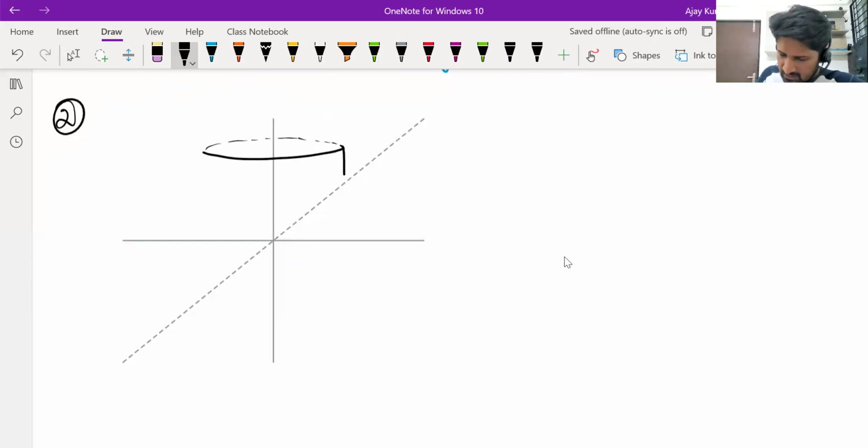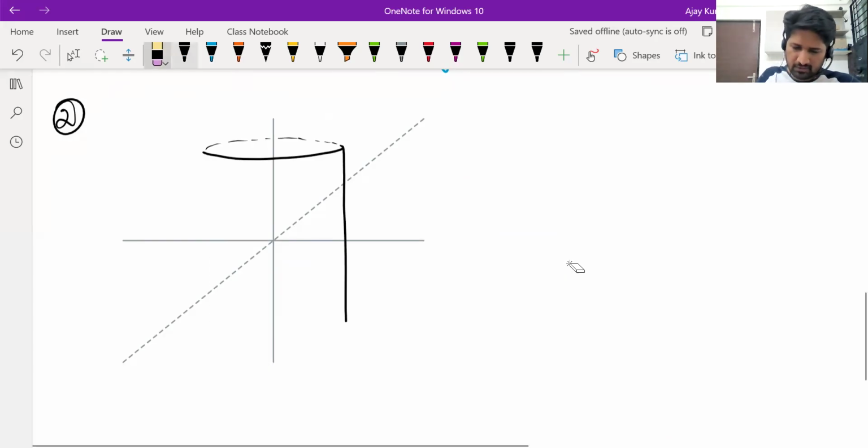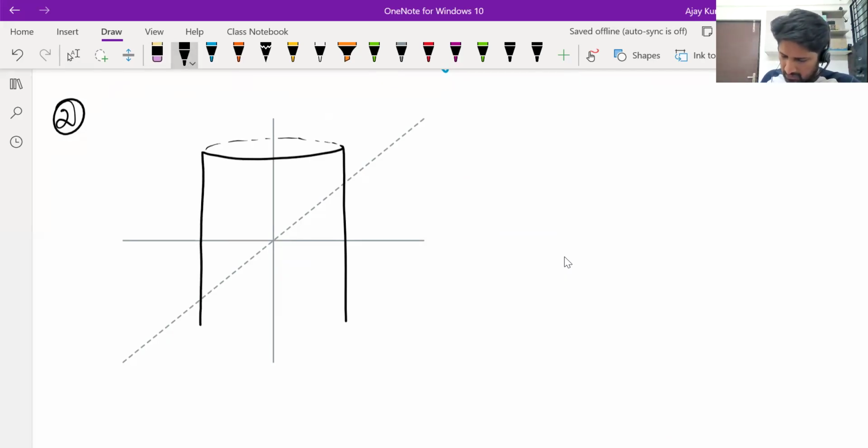The cylinder is restricted to rotate around the y-axis. Let's say they have made an axle such that the cylinder can only rotate around that. Now, if you apply a force along the x-axis, let's say you attach something to the cylinder here and apply a force like this.